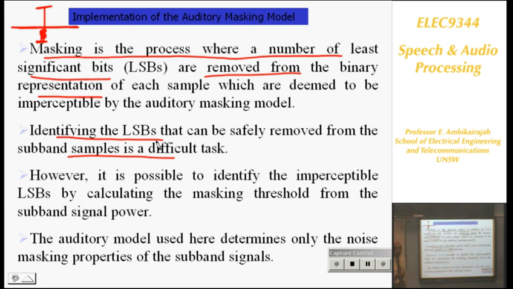However, it is possible to identify the imperceptible least significant bits. That means these bits are below the masking threshold. We can remove them. So an auditory model is used here to determine the noise masking properties of the subband signal.